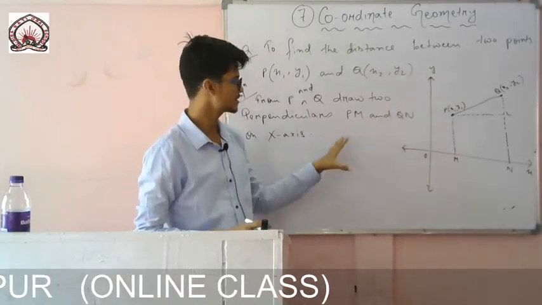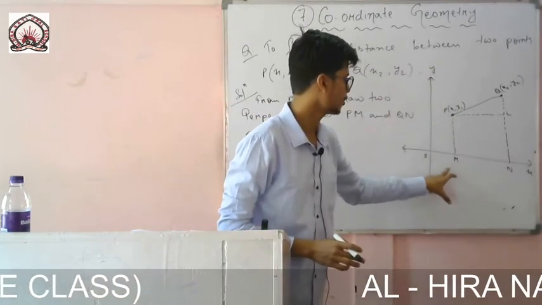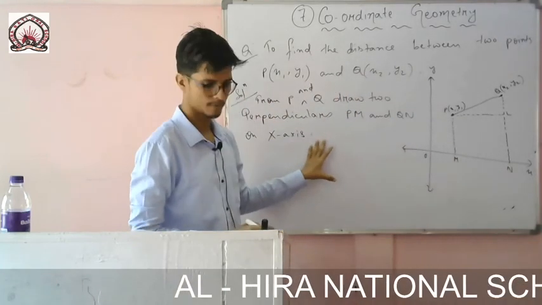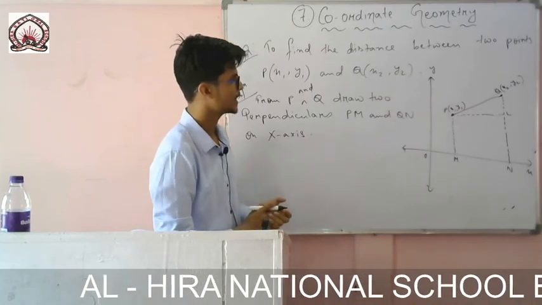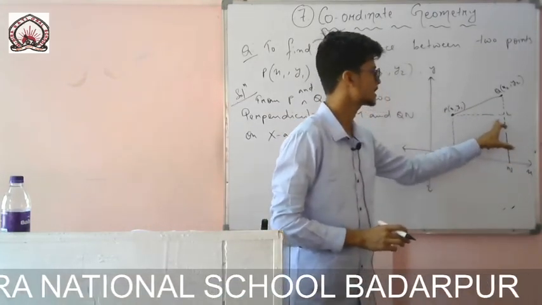So this is the first thing we have done. We have drawn 2 perpendiculars from the 2 points on the x axis. The next thing I have done: from P to this line QN, I have drawn another perpendicular.